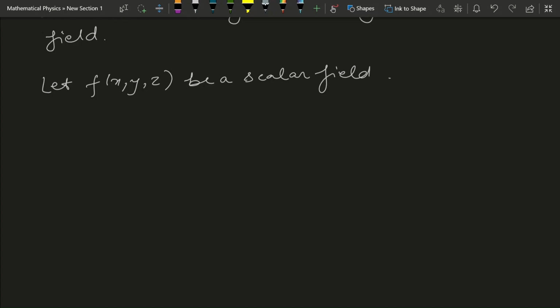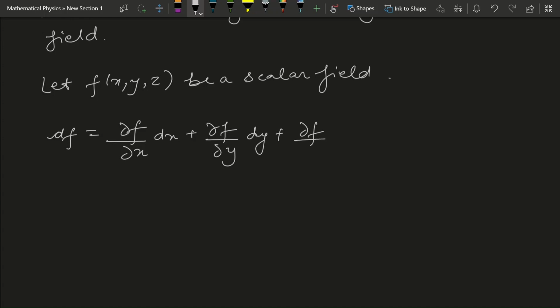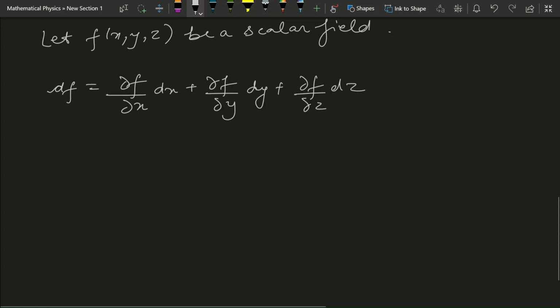So this is my scalar field, and we have to work on the change in scalar field. How can we define the change in this scalar field? We define it as del f over del x dx plus del f over del y dy plus del f over del z dz.